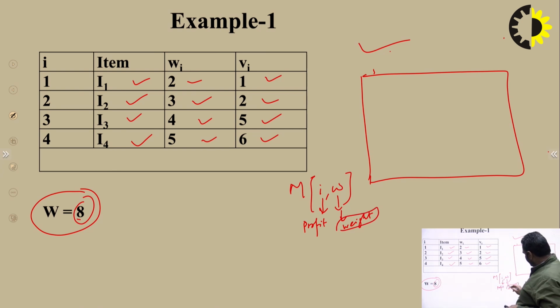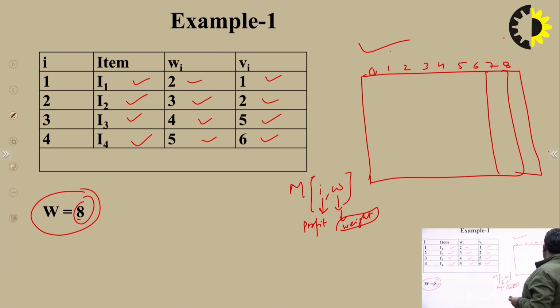So the weight of the items can range from 0 to the capacity of the knapsack. Here the capacity is 8, so we have 9 columns starting from 0 to a maximum of 8. So starting 0, then 1, then 2, then 3, then 4, then 5, 6, 7 and the last is 8.